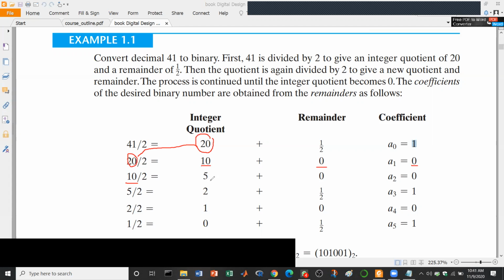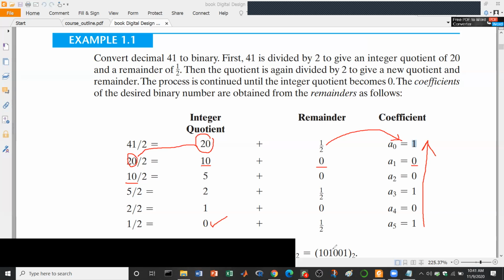We get 5 and 0 as a remainder, so we write 0 here. Similarly, the process goes on until we get 0. Whenever we divide any number by 2, we get 0 at the end with a remainder, and that remainder will become 1. Then we arrange the numbers in a way like this.